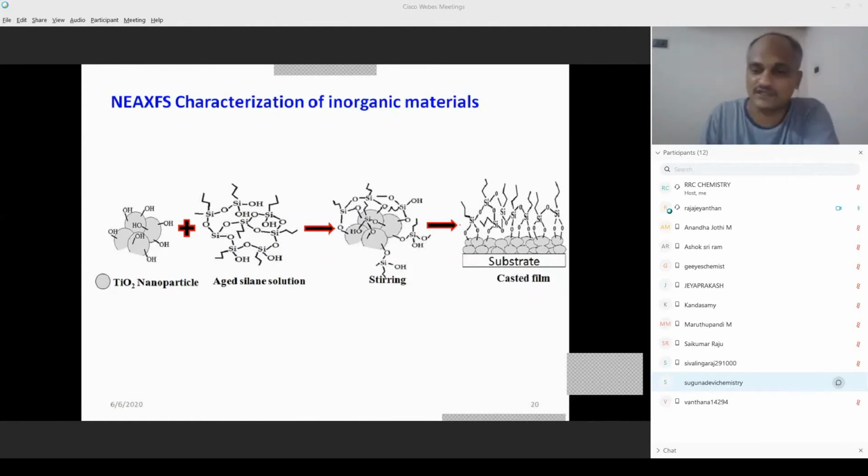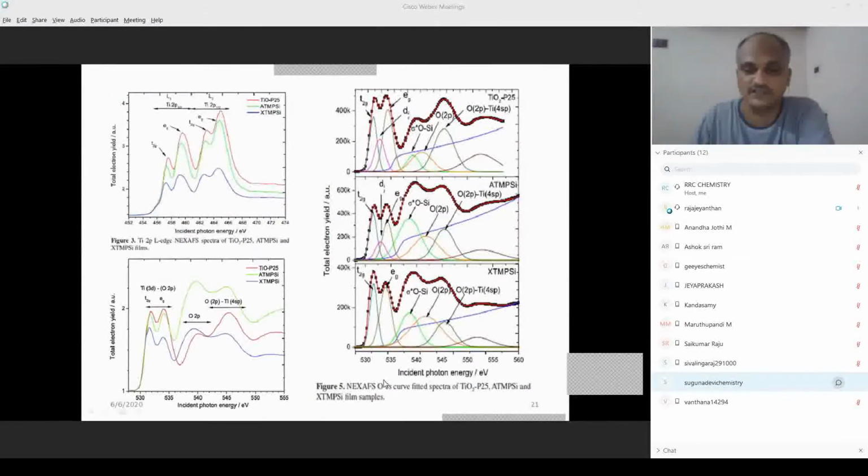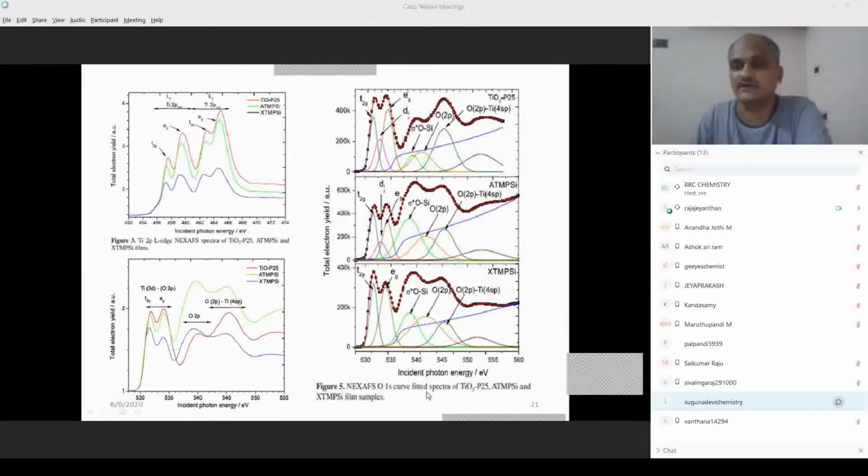But to understand what is happening on the surface, we go for NEXAFS spectra. This is shown in figure 5, which is a NEXAFS spectra of the oxygen K-edge, which is curve fitted. We curve fitted the 3 spectra. One is for untreated titanium dioxide, which is at the top, the middle one is titanium dioxide treated with silane in water, and the third one is titanium dioxide treated with silane in xylene.